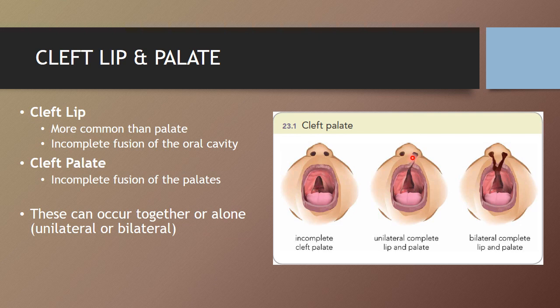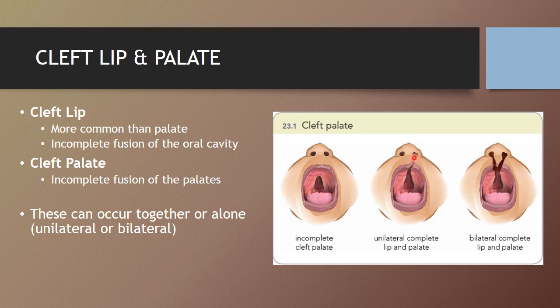And it can vary in size, and like I said, extend to the nose. Cleft palate is the incomplete fusion of the palates, which you see here. This is an incomplete cleft palate here, so the palate is not fused. Both of these, cleft lip and cleft palate, if they're together, you can have a unilateral one side, which you see here.